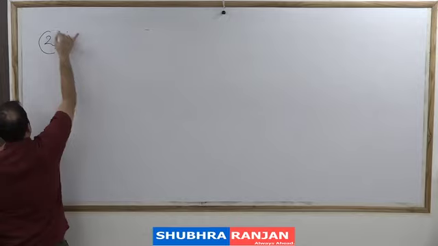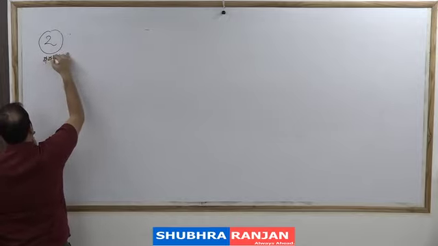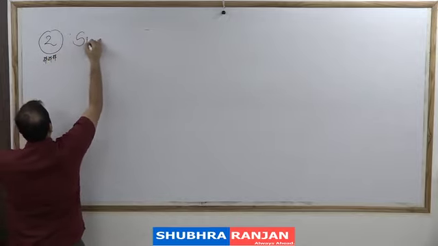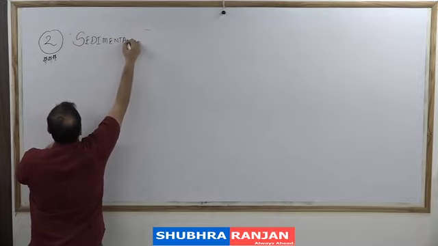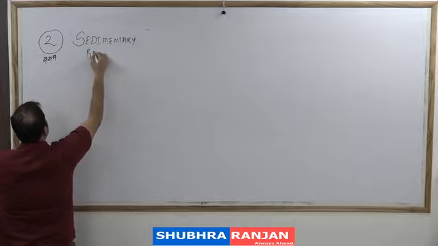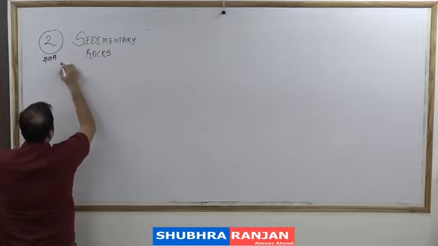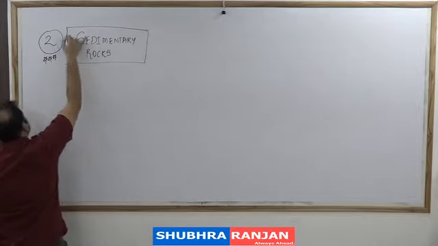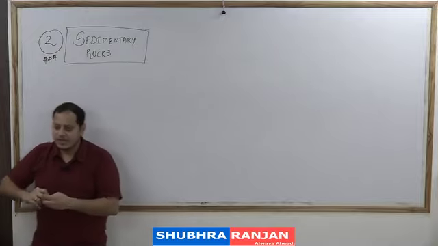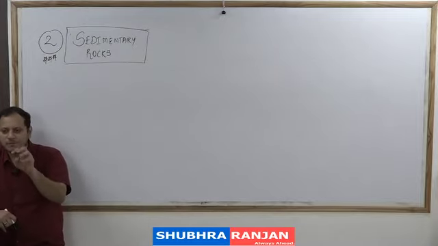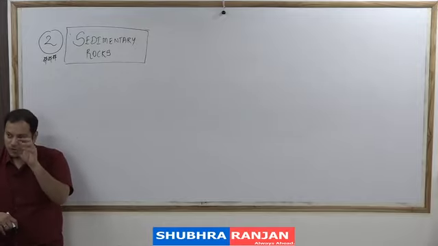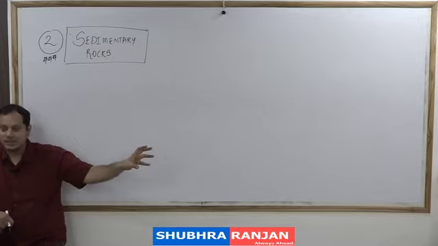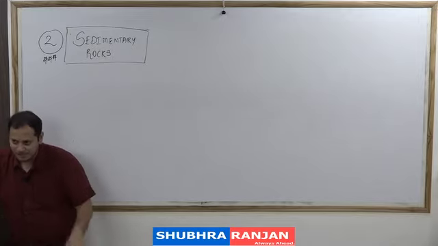Now this is an important topic from the examples point of view, the sedimentary rocks. See, any rock which is broken down will form sediments. It can be original igneous rock, it can be original sedimentary rock also, it can be original metamorphic rock. उसके बाद the sediments may be carried by the agents of erosion or they may remain in the same place.